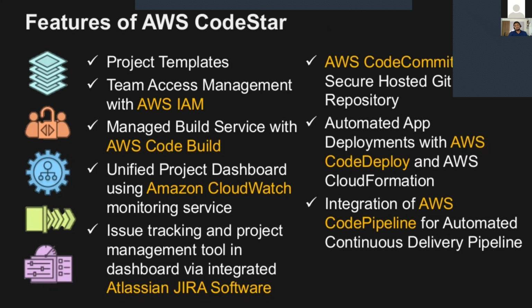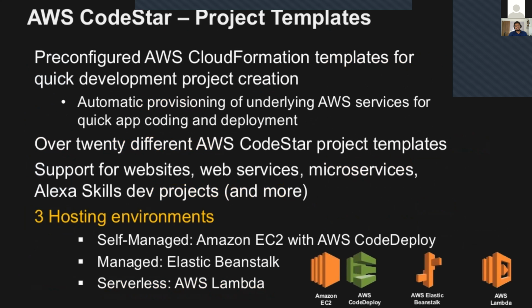And when it comes to this project templates, it's pre-configured AWS Cloud Formation templates for quick development project creation, and you have your automatic provisioning of underlying AWS services for quick app coding and deployment.